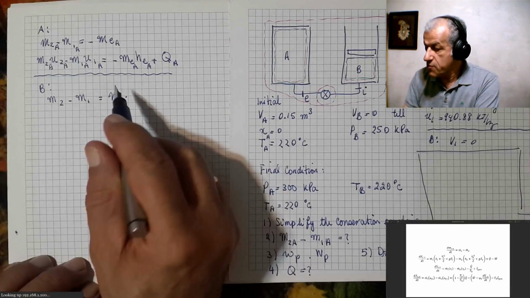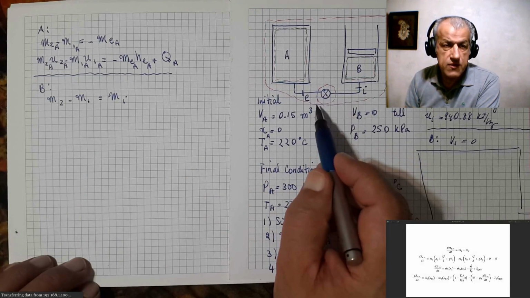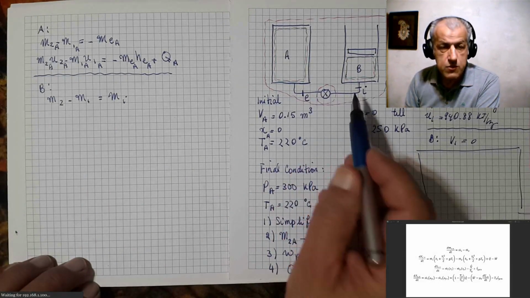So if we are putting E here, when we write our equations for the valve, still this would be E, and this point would be I.